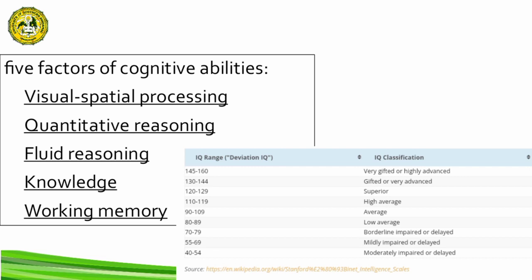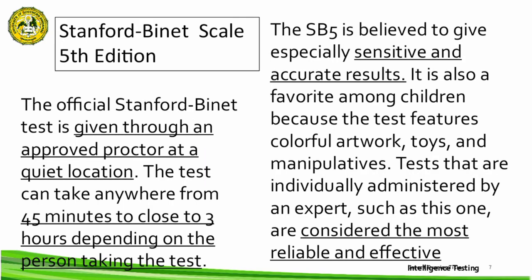And yung sa kabila niya naman na side is the classification. If the score is from 90 to 109, then the IQ classification of the individual is average. The latest Stanford-Binet test is the Stanford-Binet Scale, 5th edition.